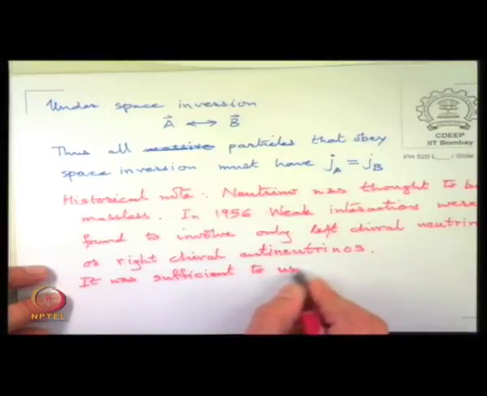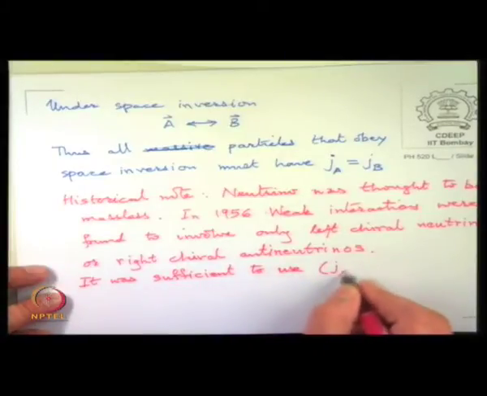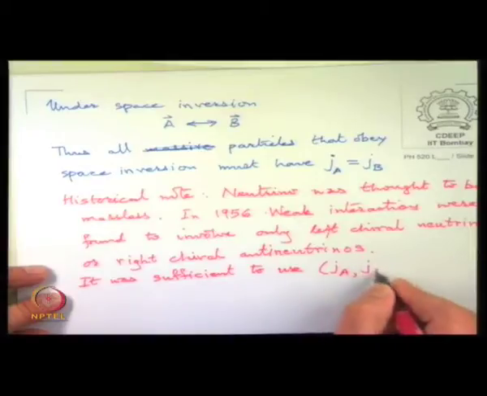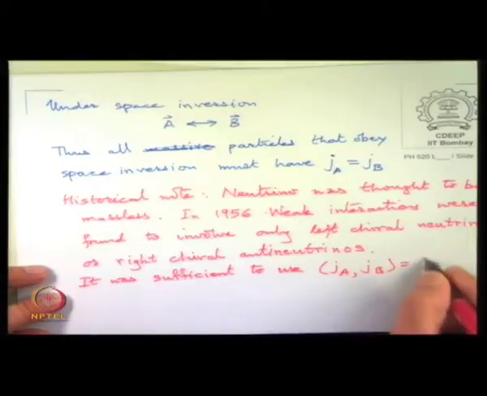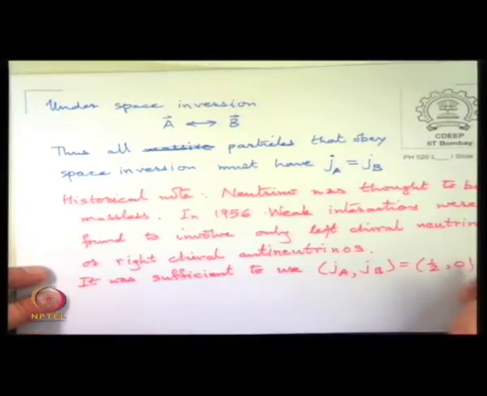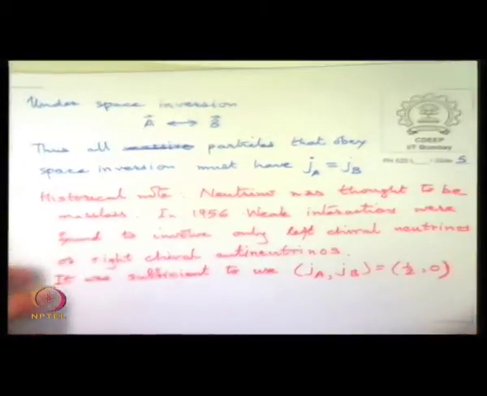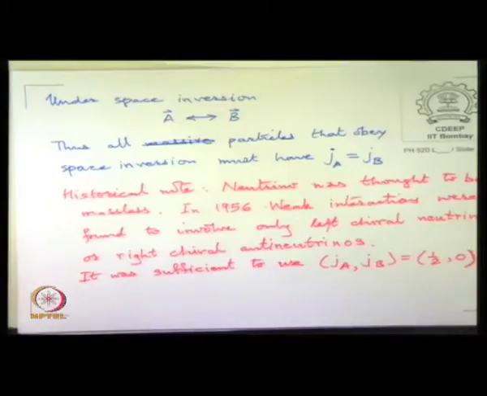It was sufficient to use JA, JB equal to (1/2, 0) representation of the group. Firstly, the two didn't need to be equal, and one of them you just set to 0.